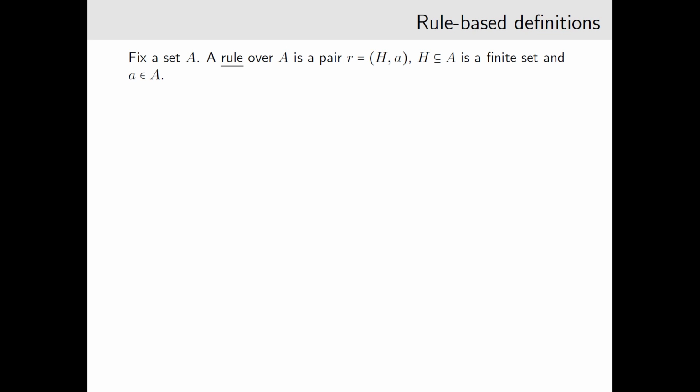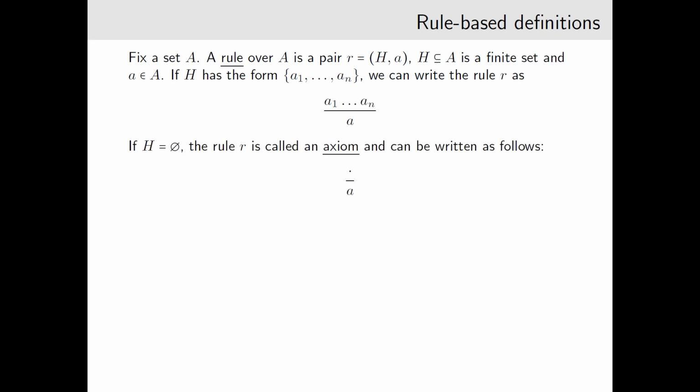And H, the set of hypotheses, is a finite set. So we are just talking about rules abstractly, right? We can indicate the rules using graphical notation. And an axiom is a particular case of a rule that has no hypothesis, like the nil rule.